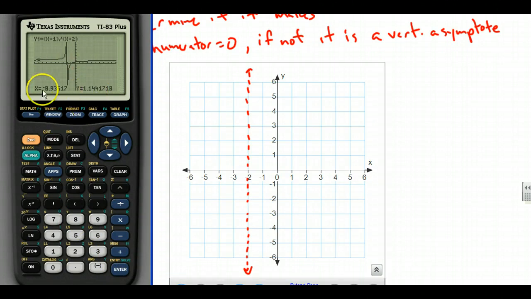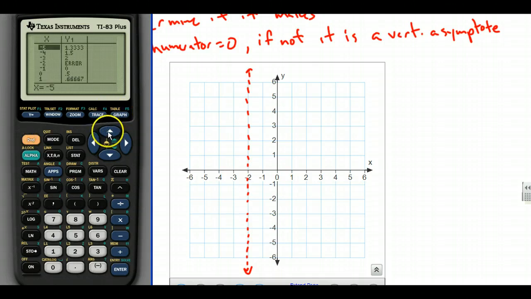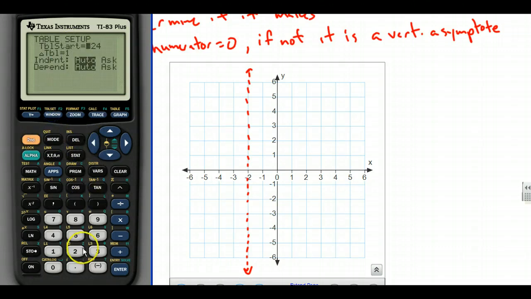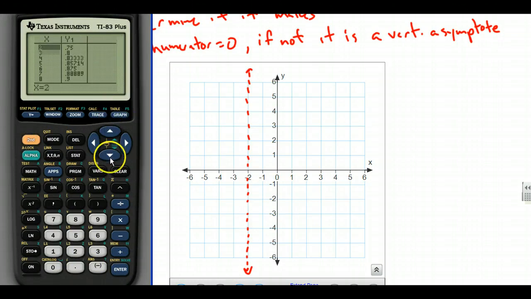And I'm going to extend the window just so you can see. Well, let me just go to the table, and you can see as I make my way further and further into the negatives, this thing gets closer and closer to 1. And as I make my way further and further in the positive direction, again, this thing gets closer and closer to 1.